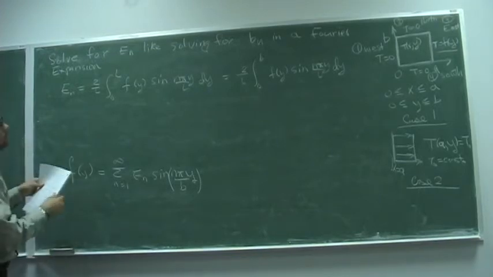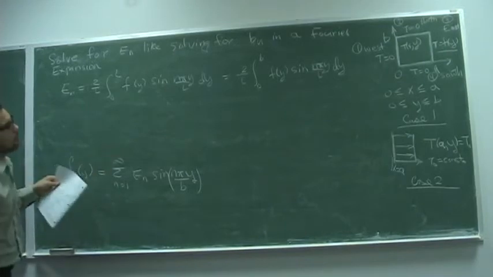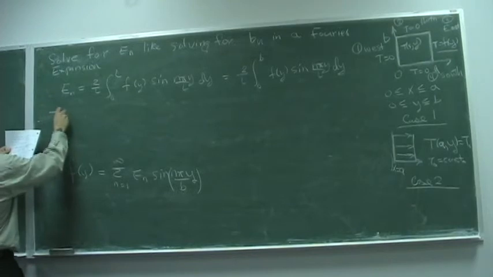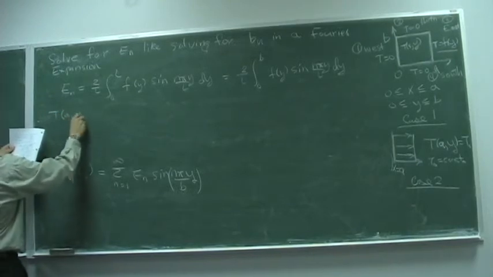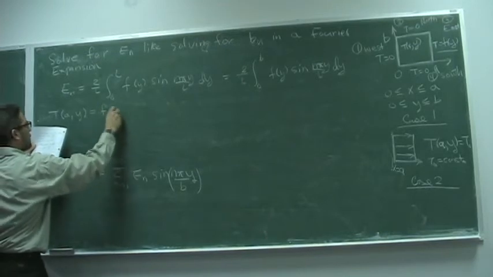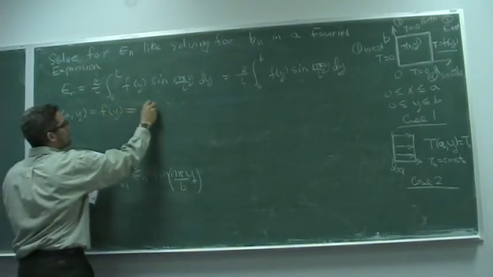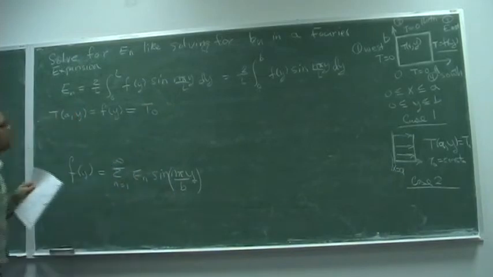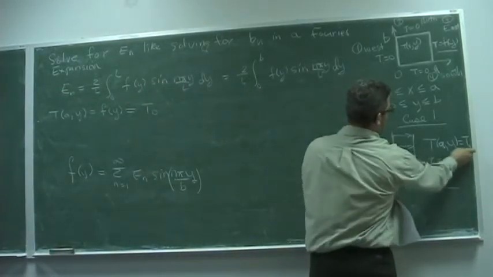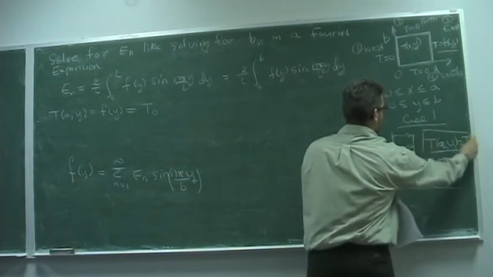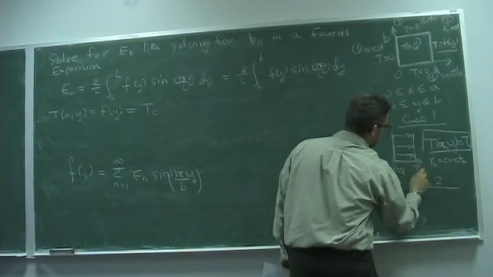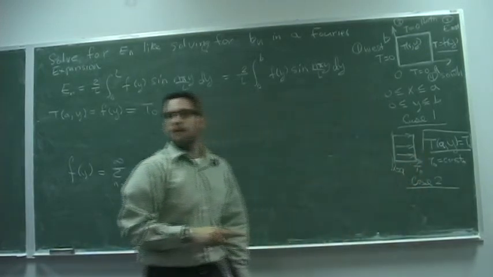Before we take the next step, remember what we had before? We said that T of a and y equaled f of y, and we said that f of y was equal to some constant T0. Here's our T0. It's just a constant.